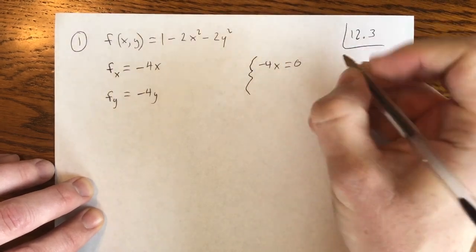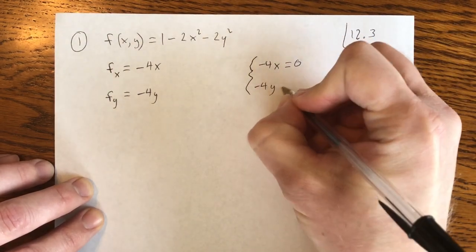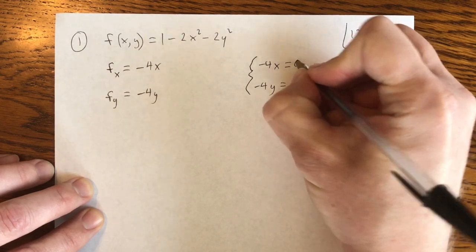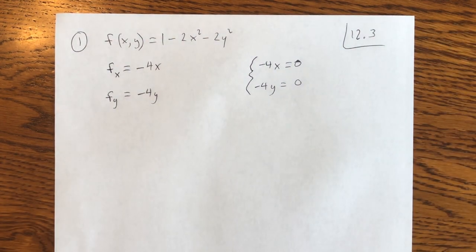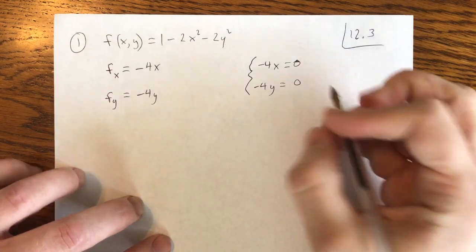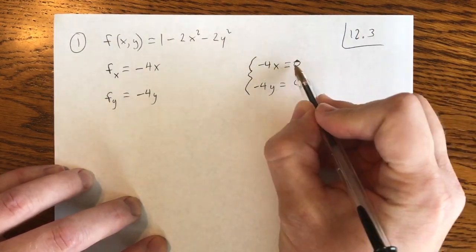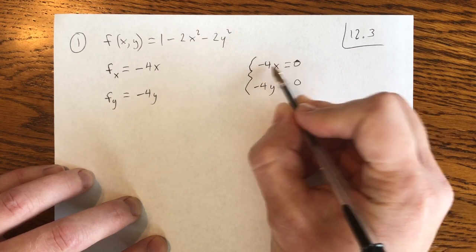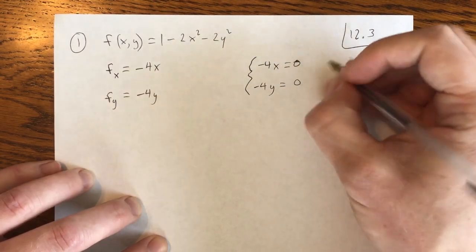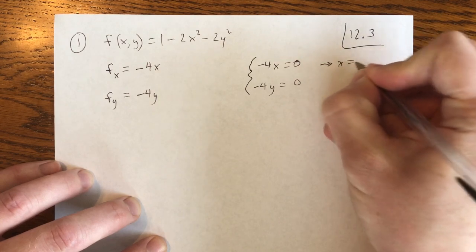Now, this system is very, very simple. If you think about it, there's no reason to use any substitution. You really can't use any substitution. So in solving this system, all you have to do is solve this equation for the single variable it's in terms of, which is x. So you get x equals 0.